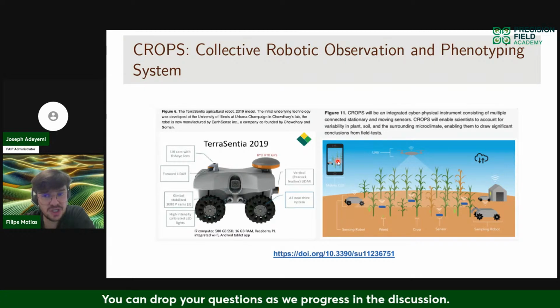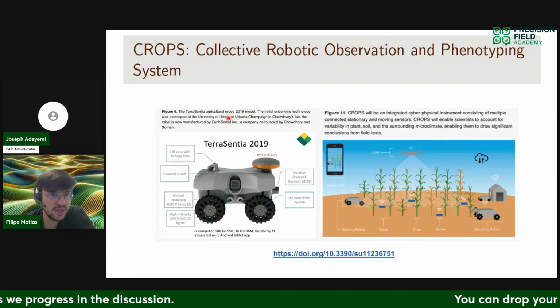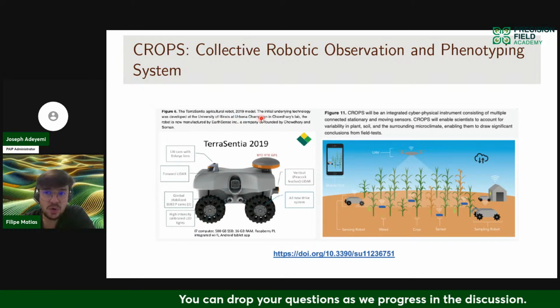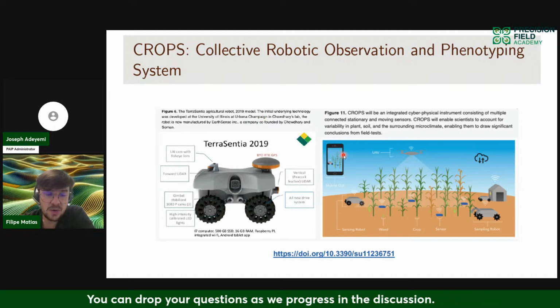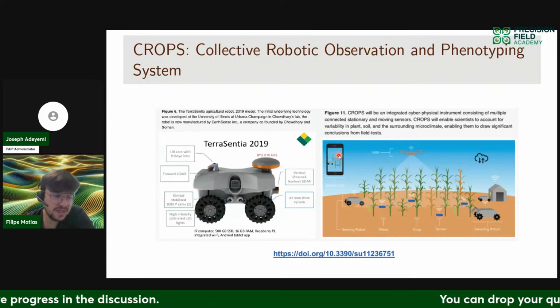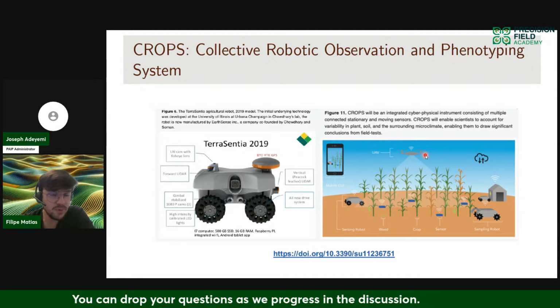This is the future, and there are some prototypes happening right now, for example at the University of Illinois at Urbana-Champaign and other institutions as well. However, we are always going to need people in the field. No technology is going to completely replace the need for people going to the field.